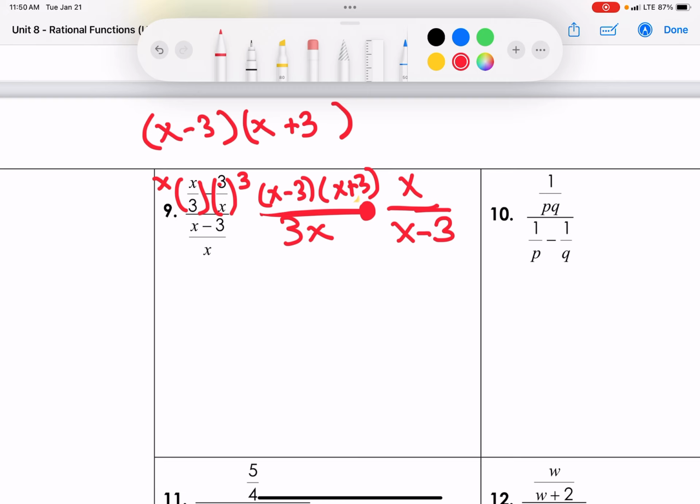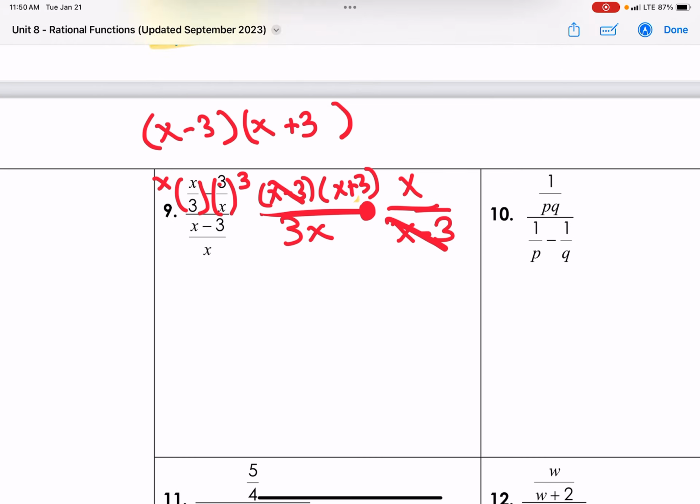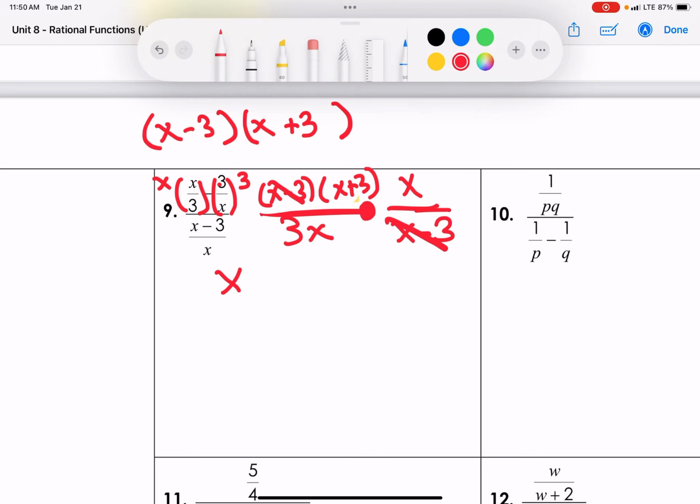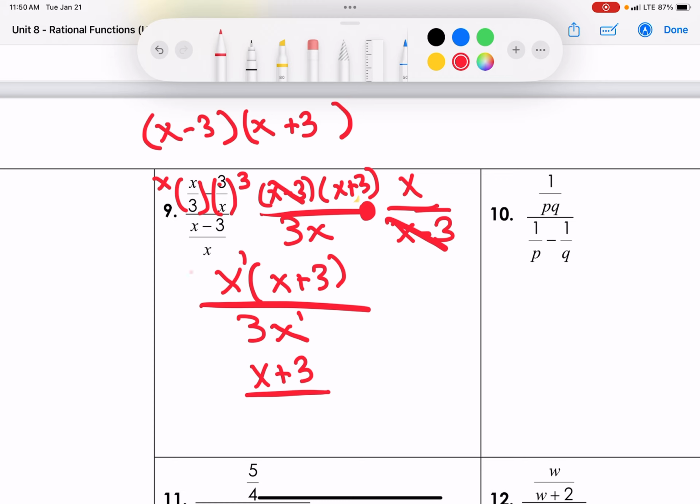I can, so I'm going to go with the x minus 3s. And then I'm left with x times x plus 3 over 3x. But remember, I got this and this, so that's going to cancel out that x in the numerator. So now I'm left with x plus 3 over 3.